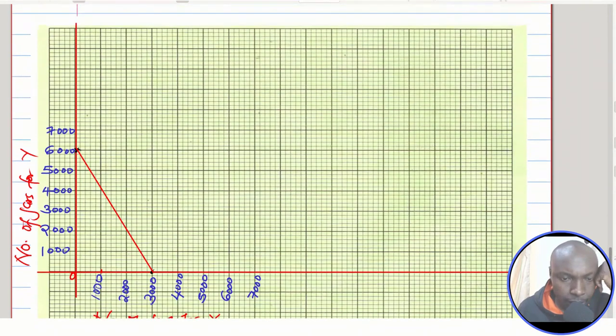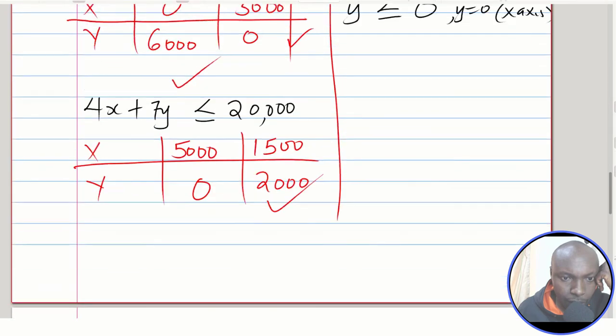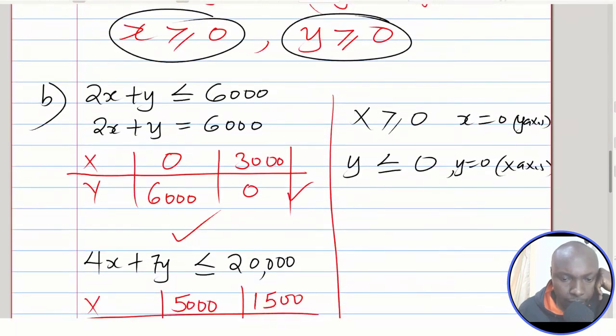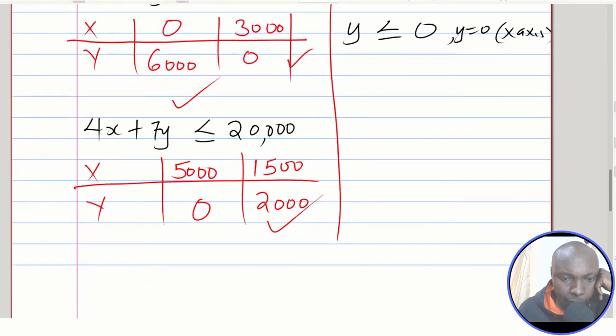Then the other line that you need to draw will be a continuous line, since you can see it is less than or equal to. The other one is 4x plus 7y less than or equal to 20,000.